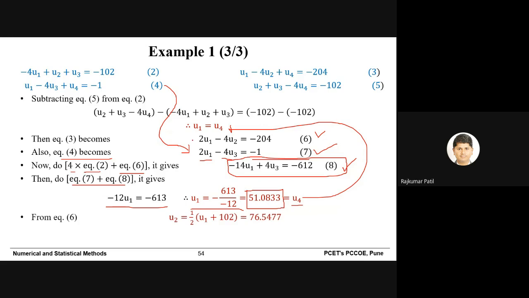Again, from equation number 6, you can calculate the value of u2. So simplify equation 6 and put the known values. You will get u2 equal to 76.5477.